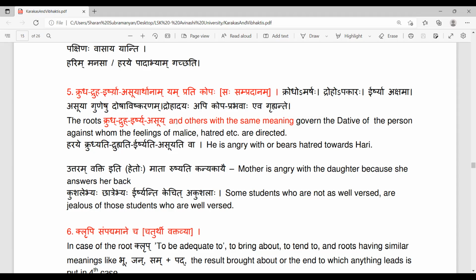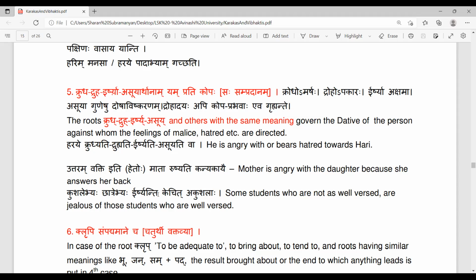Similarly, kushalebhyaha chatrebhyaha irshyanti kechit akushalaha. Irshya, jealous. Some students who are not skilled are jealous towards the clever, intelligent or dexterous students.